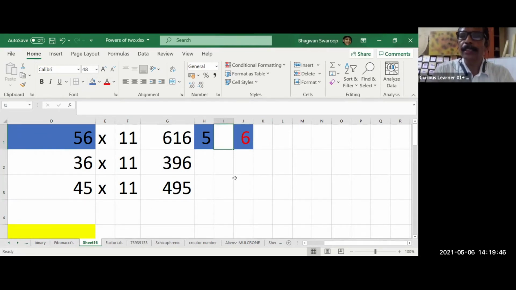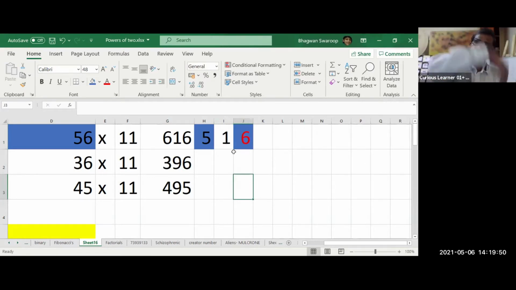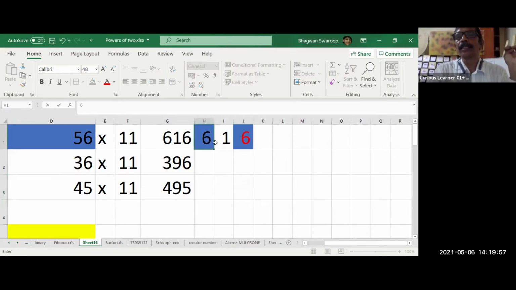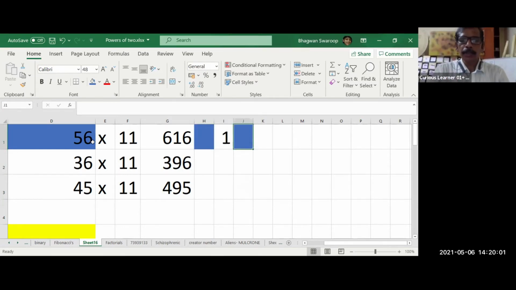So what do I do? Change the hundreds place. Yes, 1 is a carryover. So it goes to 5. So this 5 becomes 6. So you have to just take the carryover.